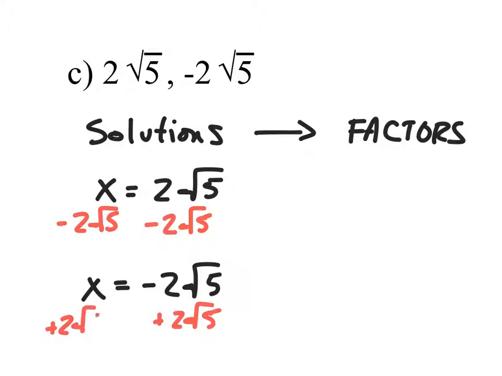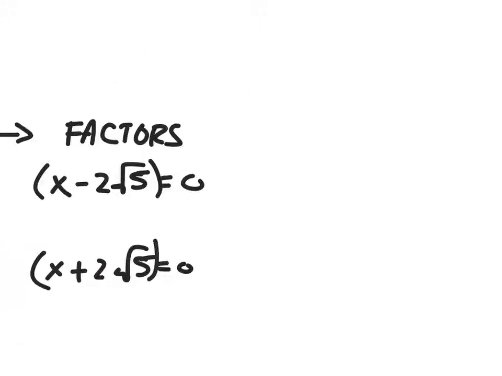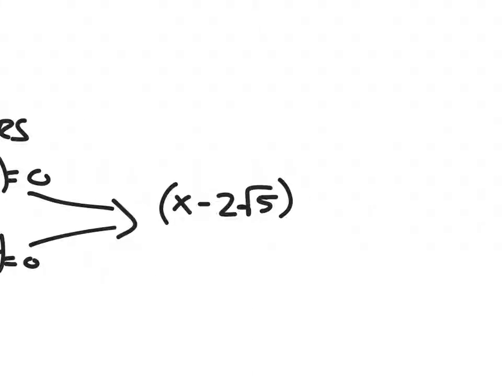I end up getting that my factors are x minus 2 square root of 5 is equal to 0, and x plus 2 square root of 5 is equal to 0. These are my factors. Then I want to multiply my factors together and set them equal to 0. So we're going to get x minus 2 square root of 5 and x plus 2 square root of 5, and that's going to equal 0.